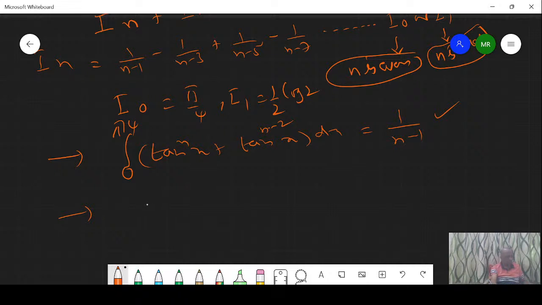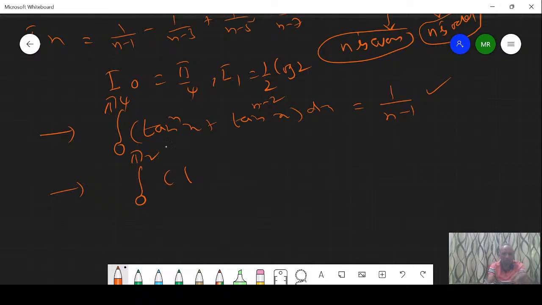Another one. Because this is given 0 to pi by 4, suppose they give integral 0 to pi by 2, cot power n x plus cot power n minus 2 x dx. Remember, they may give the value 0 to pi by 2.